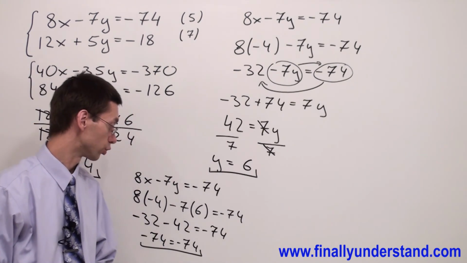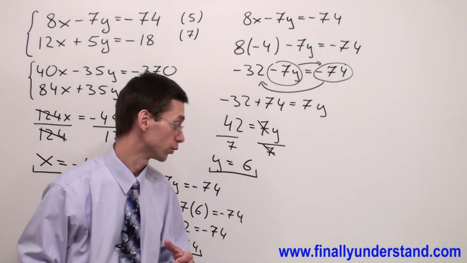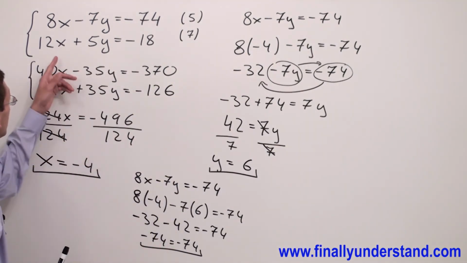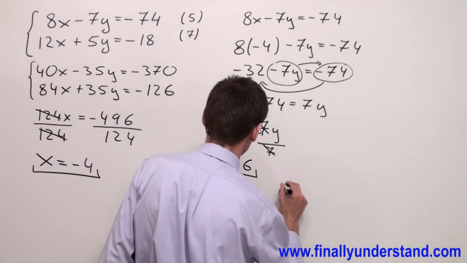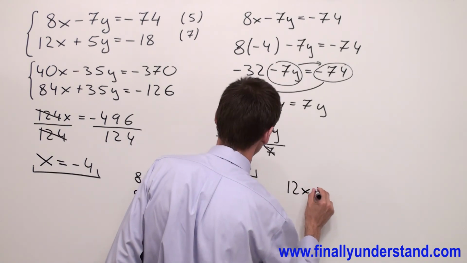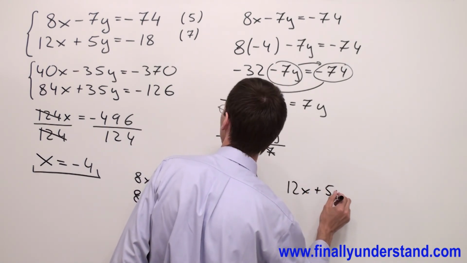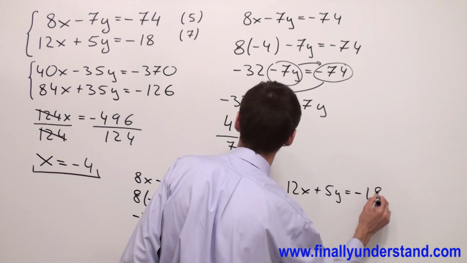Okay, but we are not going to say we are 100% sure because we also have to verify the second equation. Let me copy this down: we have 12x plus 5y equals negative 18.